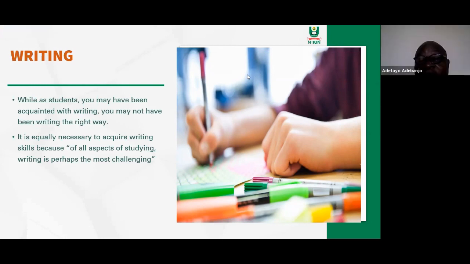Are you with me? I said, when you are writing, the essence of putting things down is for you to say, okay, even if memory forgets, the record is still there. By the time you put one or two things down, that reminds you. And that is why you see those secretaries and those big men going about with diaries.